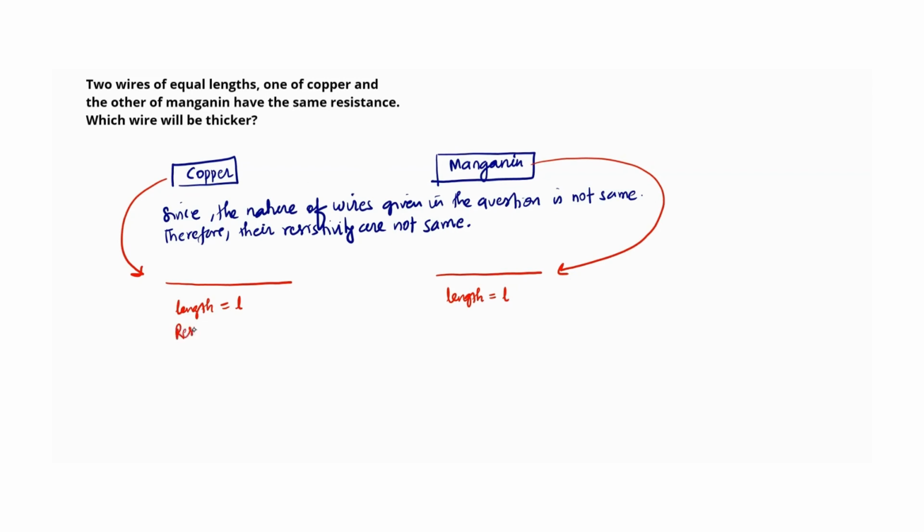So resistance equals R and is the same for both the wires.